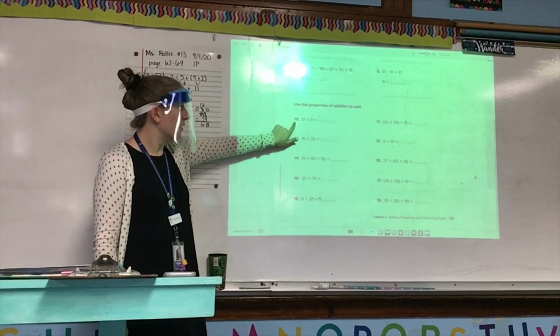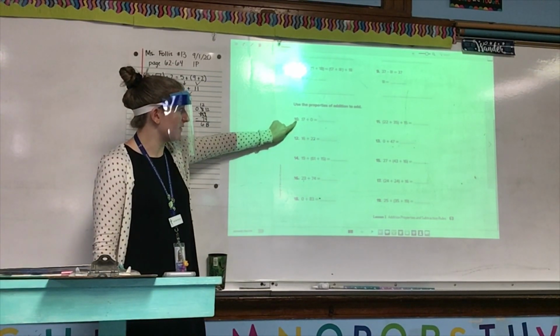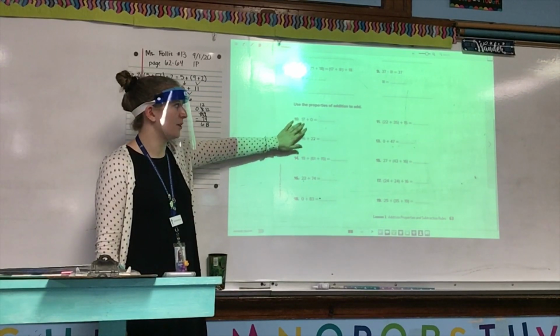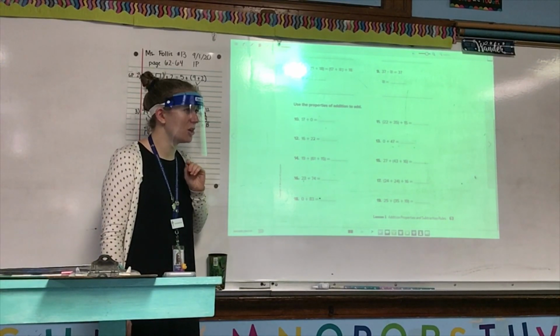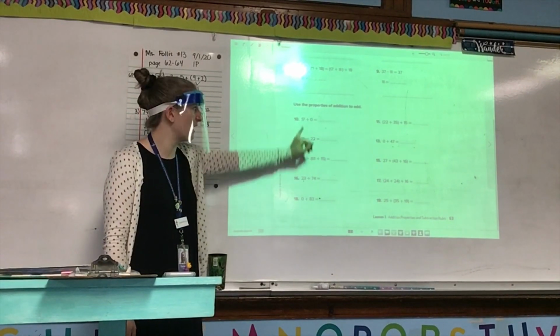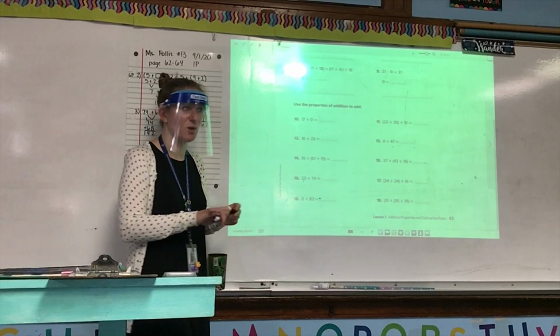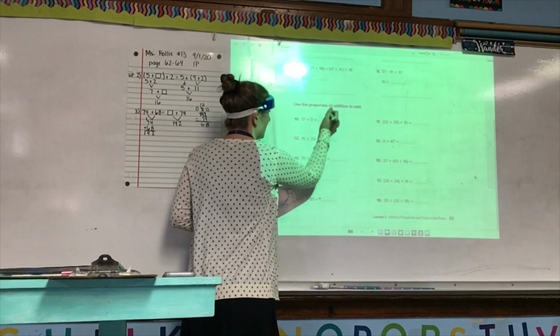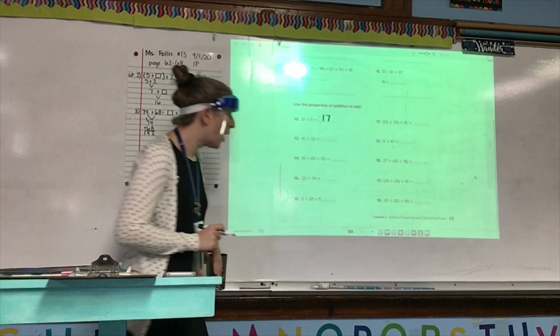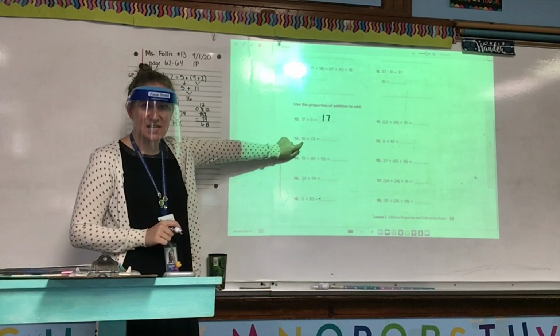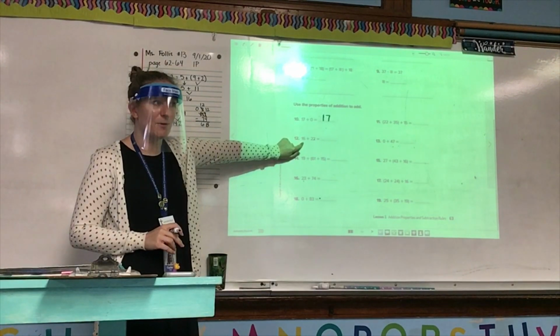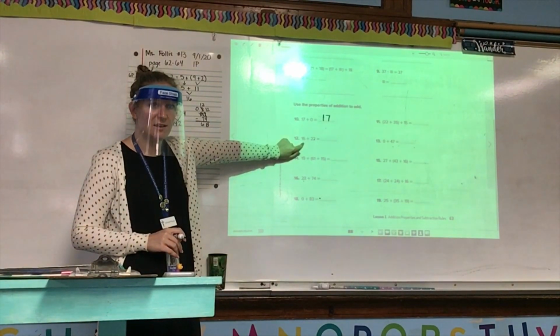For identity properties, do you need to show work? No, because we automatically know 17 plus 0 is what, class? 17. Good. But what about this? Is this easy to solve up and down? Sideways? Colin?